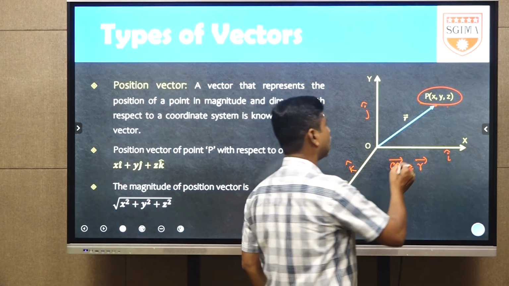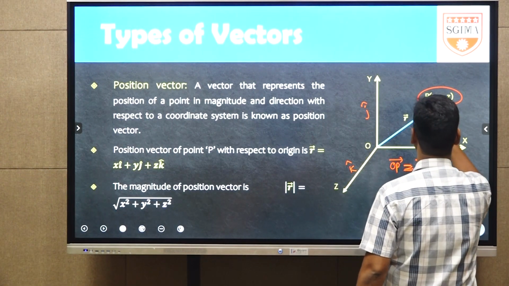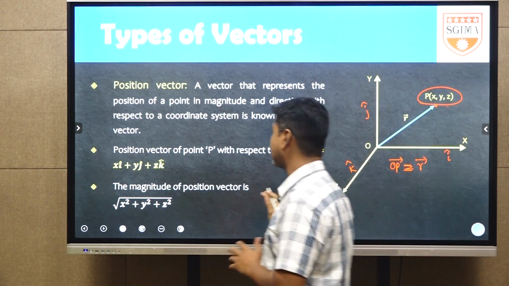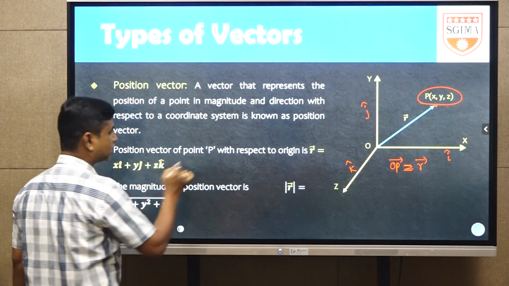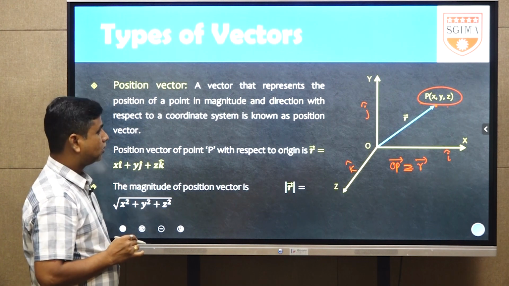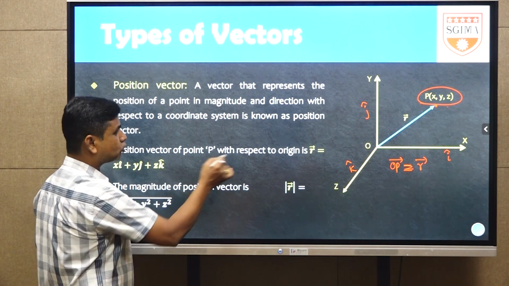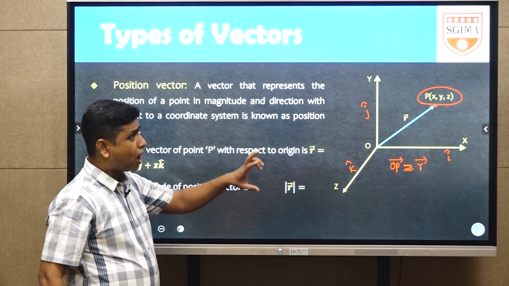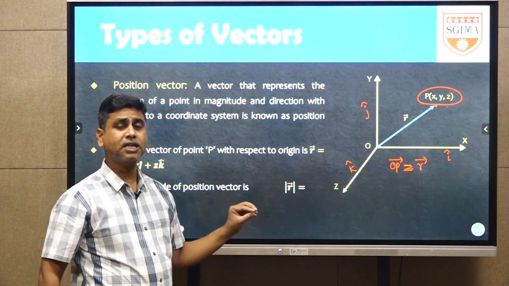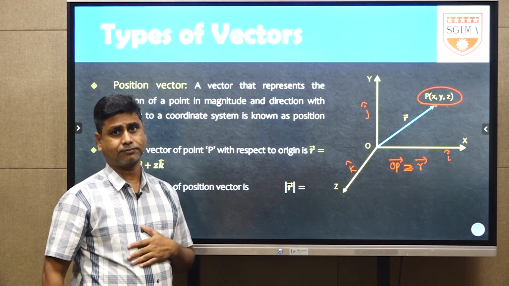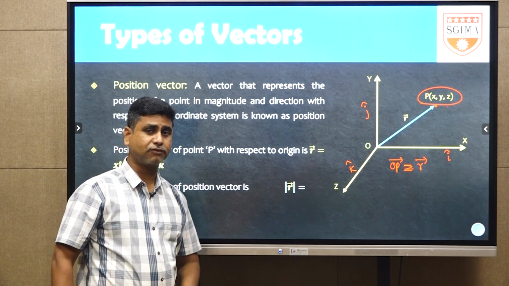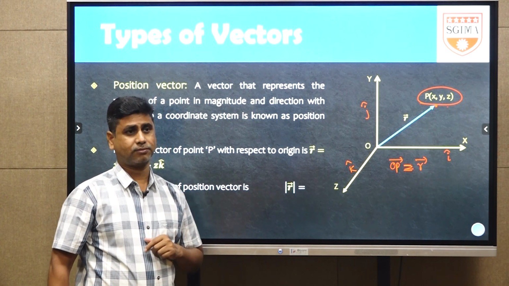Here the coordinate of position P is (x, y, z). All positions are measured with respect to the origin only.